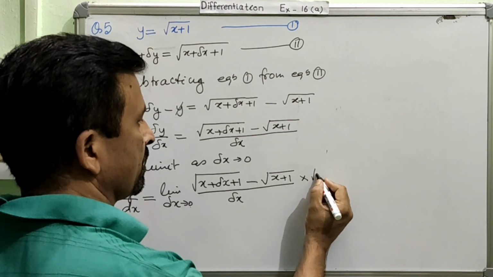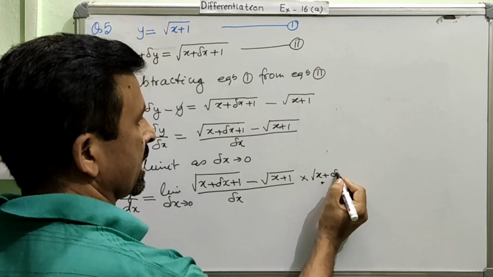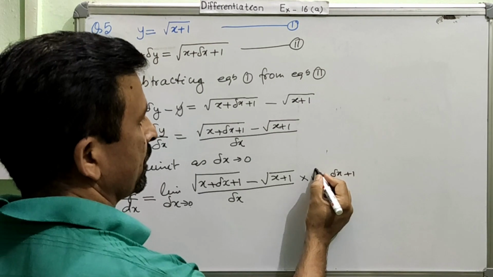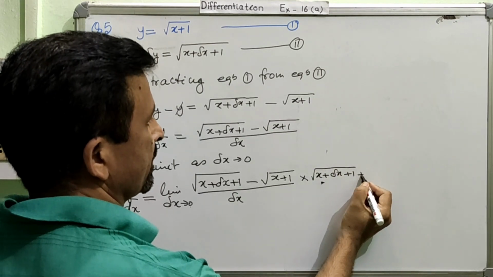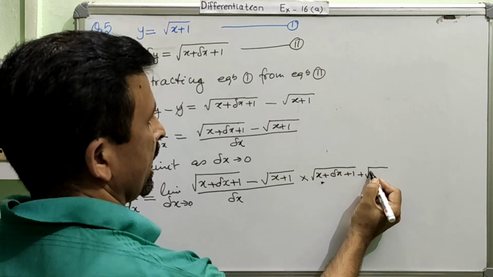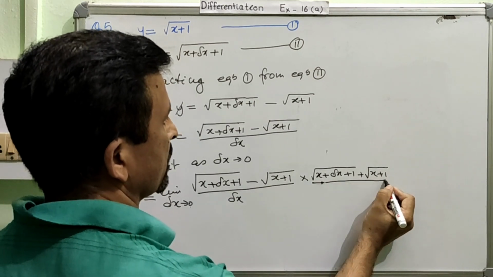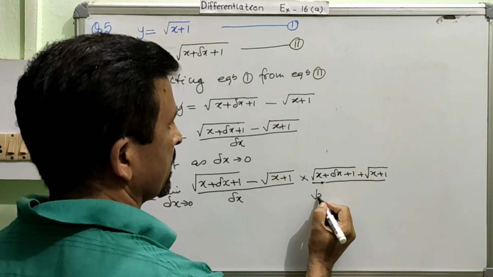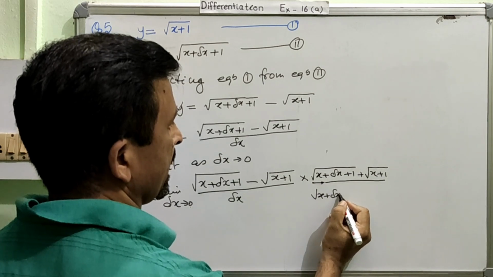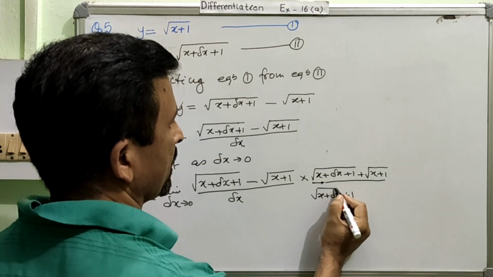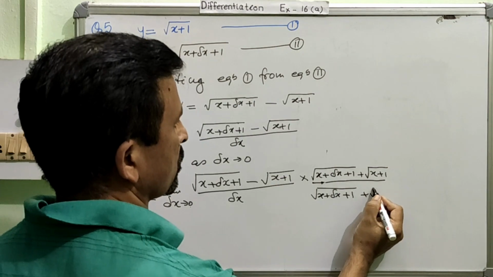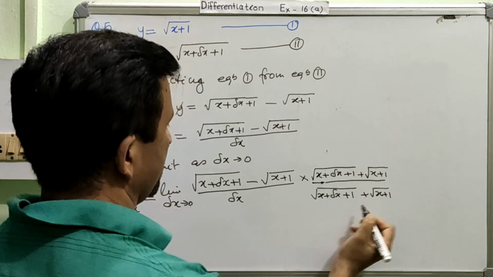So root over x plus delta x plus 1, and then here we write with plus sign, root over x plus 1. Denominator also with the same, root over x plus delta x plus 1 plus root over x plus 1.